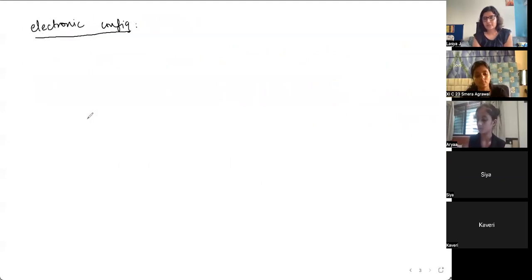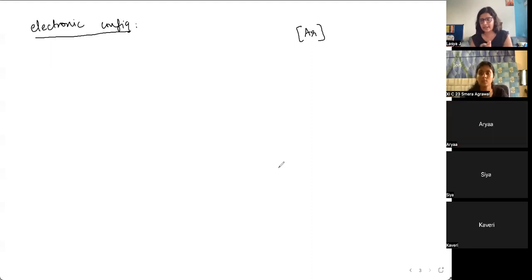Now, how is the electronic configuration? Obviously, here we're going to talk about the d block electronic configuration. Up to the argon configuration, 1s2, 2s2, 2p6, 3s2, 3p6, they are not taking part in bonding at all.